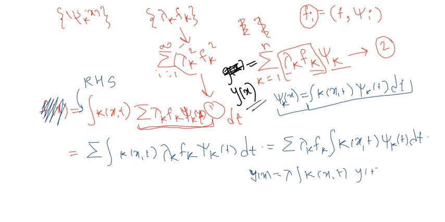When I say that xi k of x is an eigenfunction corresponding to eigenvalue lambda k, it means xi k of x satisfies this equation. That is, xi k of x is equal to lambda k into the integral of k of x comma t xi k of t dt, and therefore this integral becomes xi k of x by lambda k.